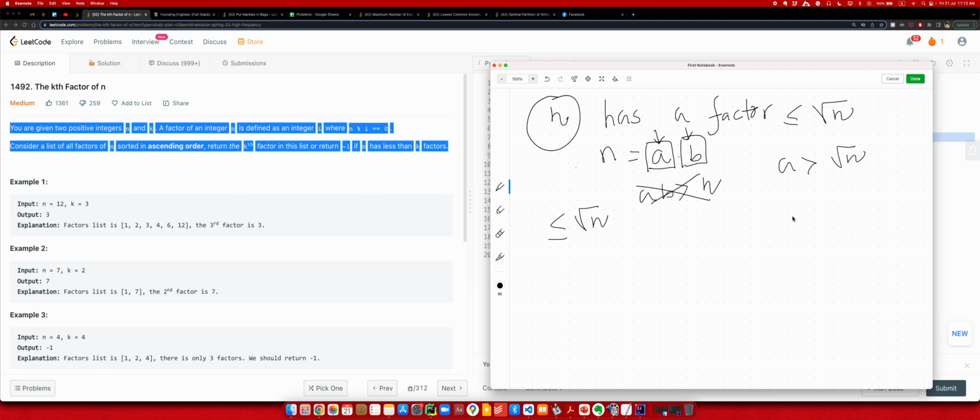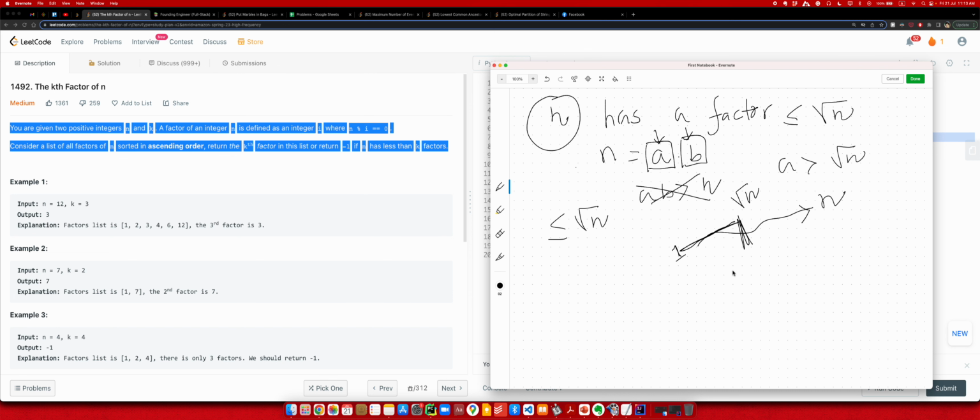So for computing the factors of n, we don't need to go from 1 all the way to n. We just need to go from 1 to root n, and check whether the numbers lying between 1 and root n are factors or not.